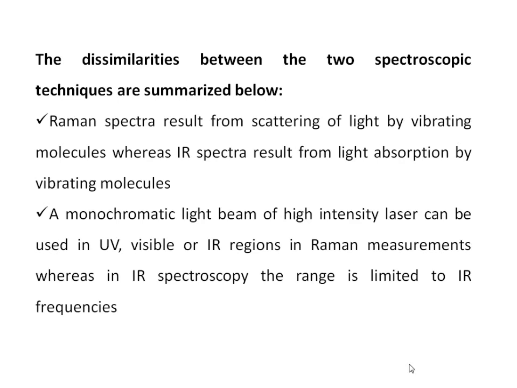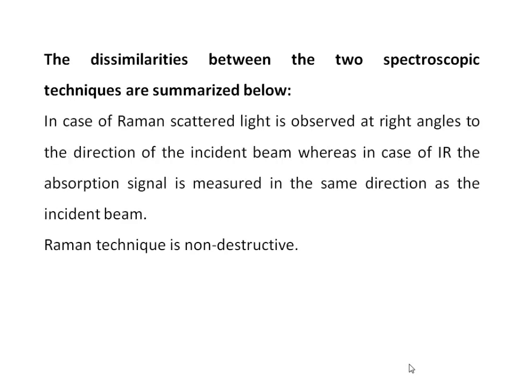A monochromatic light beam of a high intensity laser can be used in UV, visible or IR regions in Raman instruments, whereas in IR spectroscopy, the range is limited to IR frequencies. In case of Raman, scattered light is observed at right angles to the direction of the incident beam, whereas in case of IR, the absorption signal is measured in the same direction as the incident beam.